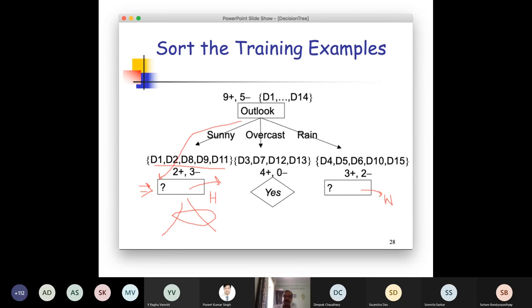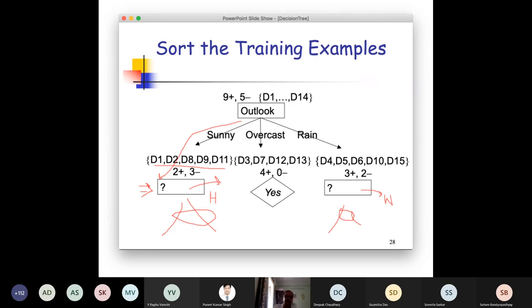Similarly, in this subtree, except outlook and wind, the other attributes have to be checked. Is it clear? So this also needs to be tracked when you are doing it.